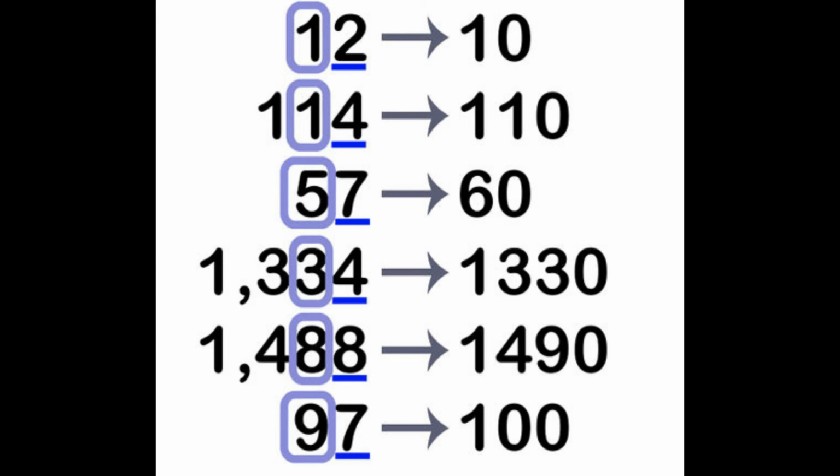Looking at the fifth one down, 1488, we see that the number to the right is greater than 5, so we'd round upwards, and then we get 1490. And then for the last one, we see that it's 97, and the digit to the right is above 5, so we'd round upwards, and so the 10th digit increases by 1, and then we get 100 as our answer.